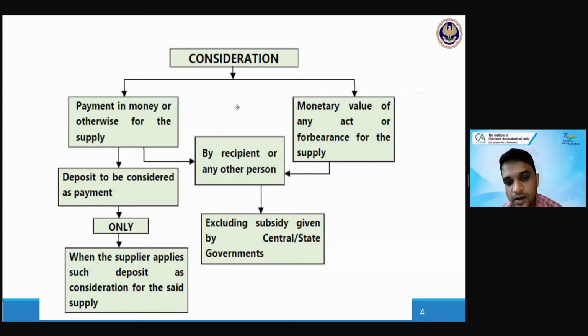Cess is not applicable on every value of supply. Cess is applicable only on certain commodities, like aerated drinks, luxury cars, and certain specific products. Cess is also applicable on the value, but only on those specific goods. But yes, that is also not a tax on tax. It is on the basic value itself.